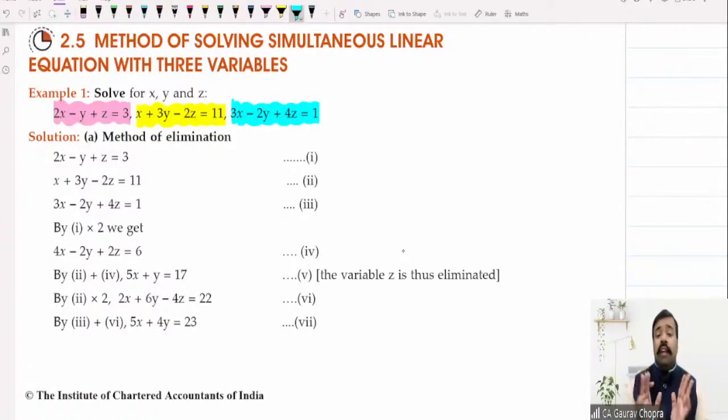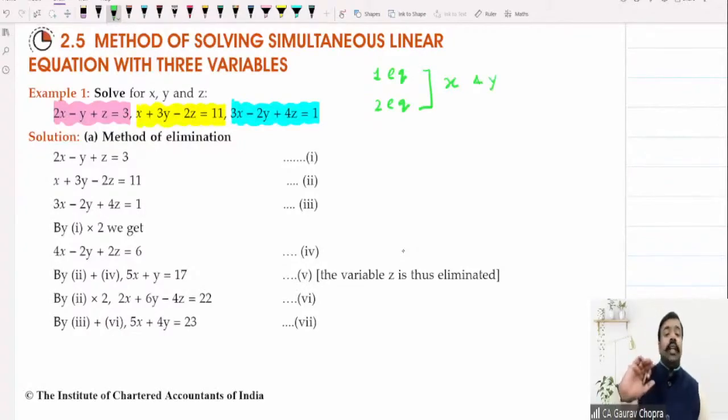Now, what do we have to do, and what is the proper method? Take the first equation and second equation. When we solve these 2 equations by the elimination method, z will get eliminated and we can find the equation between x and y.